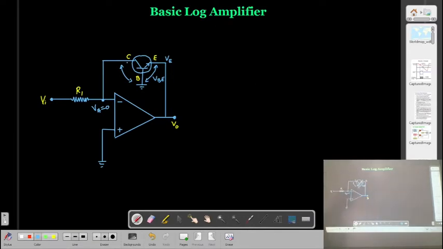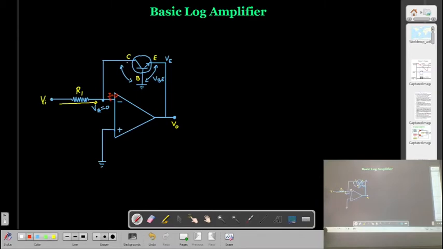Now, what will be the flow of the current? The current is going to flow in this way, where you are connecting your input voltage, through this resistance R1. Inside the operational amplifier, this current is 0.